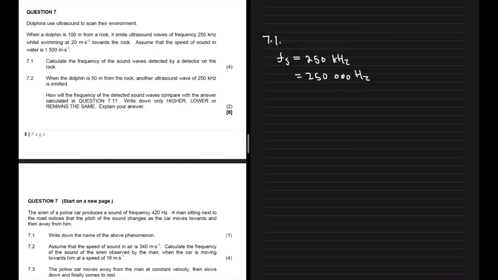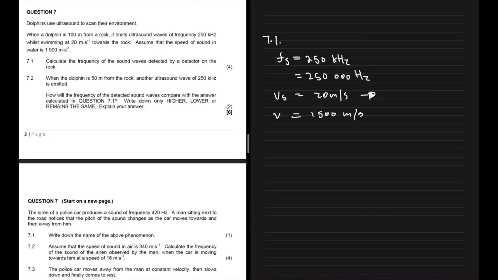Kilo, it's 1,000. While it's swimming at 20 meters per second, we know that the velocity of the source is 20 meters per second towards the rock. So let's just put an arrow there to denote that it is moving towards. Then V of sound in water is 1,500 meters per second.